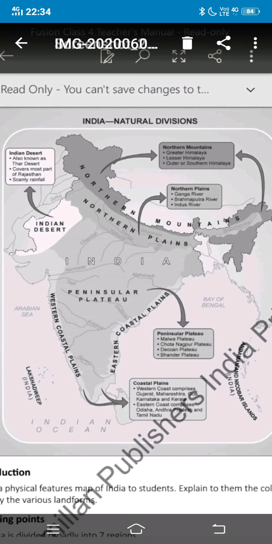Hope you got an idea what exactly deserts are. So, a desert is a place where there is scanty rainfall, very less rainfall, less than 20 centimeters, with very little vegetation. Hardly you will see little cactus growing there and date palms.